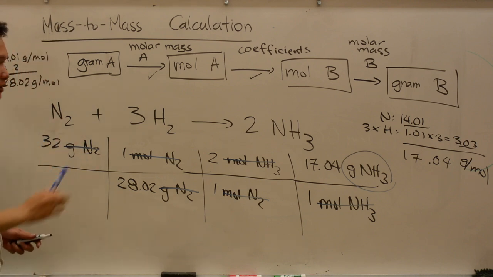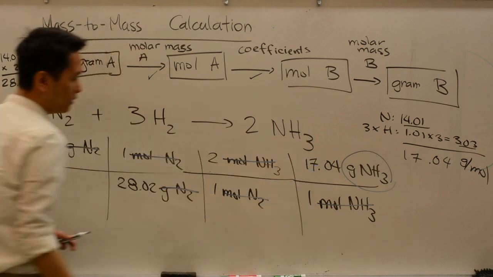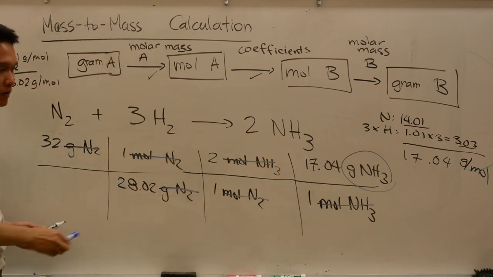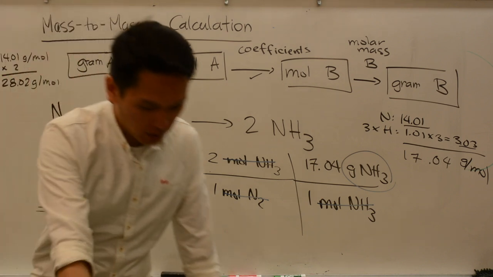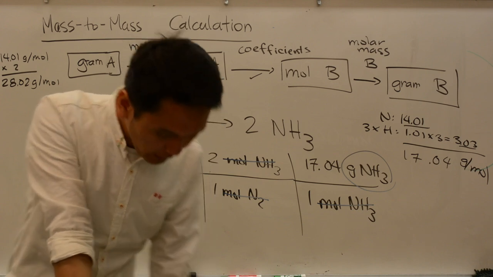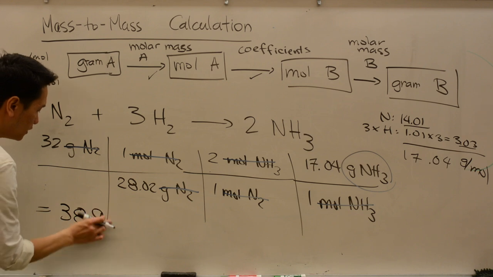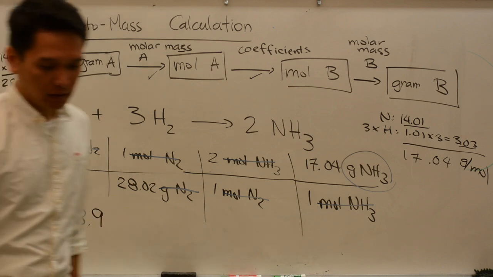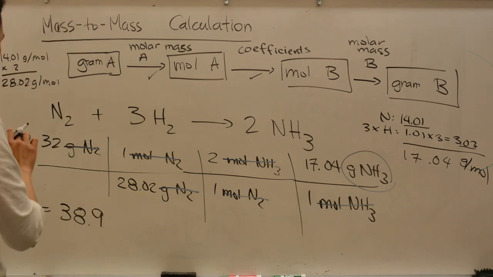Then you just go to your calculator, punch in 32 times 2 times 17.04, divide that by 28.02. And so I get 38.9. Let's just double check that. 32 times 2 times 17.04 divided by 28.02.